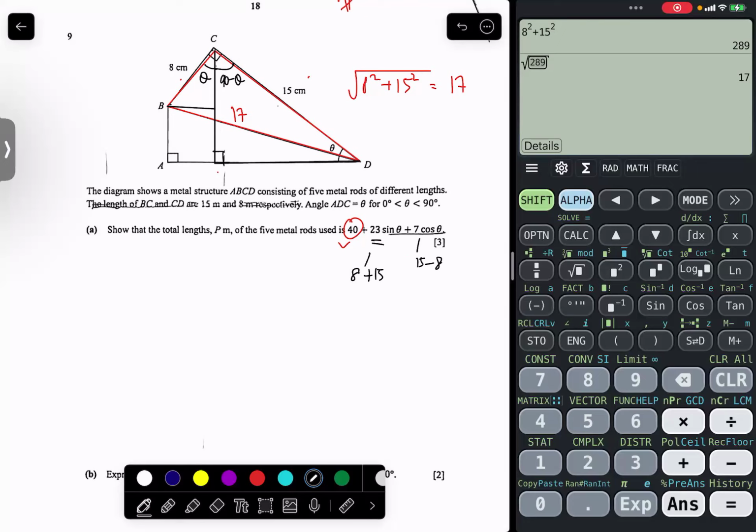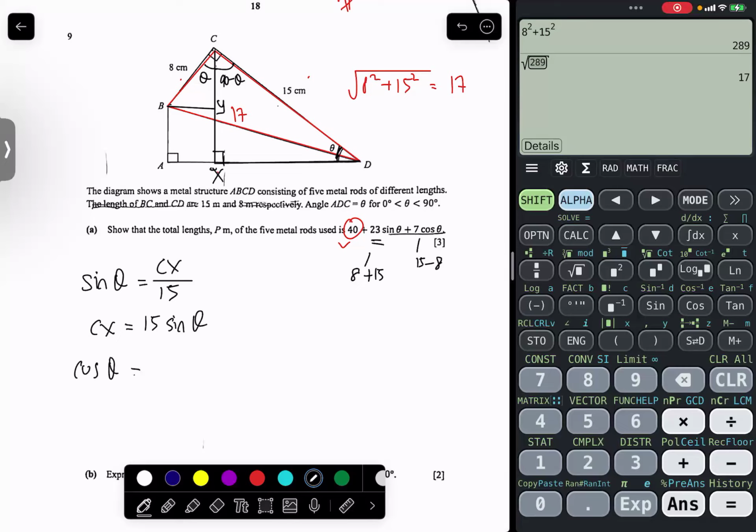So if you consider this, let's call this x and this y. Sine theta equals CX over 15, so CX equals 15 sine theta.